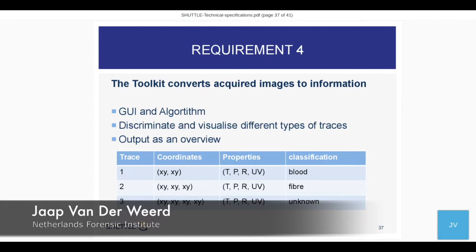Then we take the image and our set of images and put it towards an algorithm that's a separate part of the solution. That algorithm makes the identification and classification of the different traces and gives the classification back to the graphical user interface. And we'll require that the algorithm can be swapped.